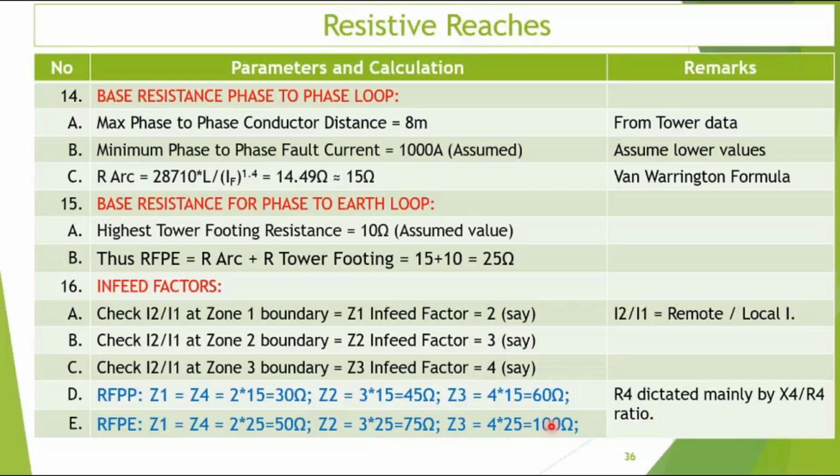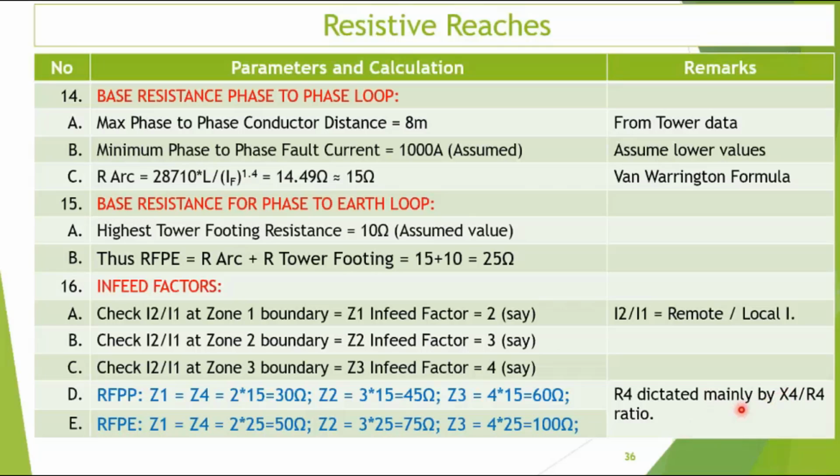If you have load encroachment, you don't need to worry about resistive reach coverage. You can go on the higher side, nothing else will happen. The only thing that dictates is the R by X, sorry, I'm used to writing X by R, so I mistakenly wrote X by R. I'll correct it before sending the presentation.